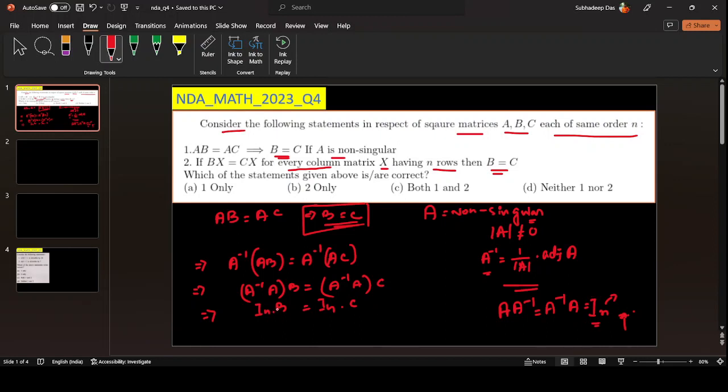So In into B is B itself, and In into C is C itself.